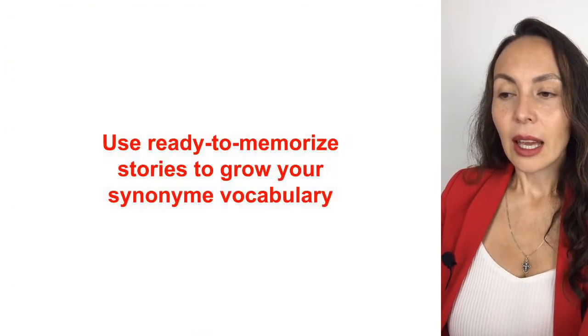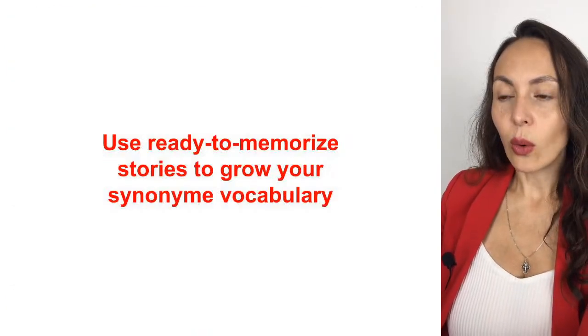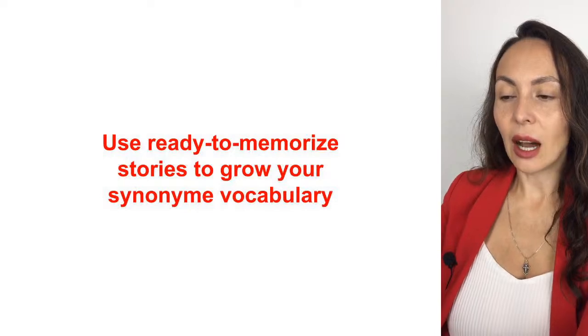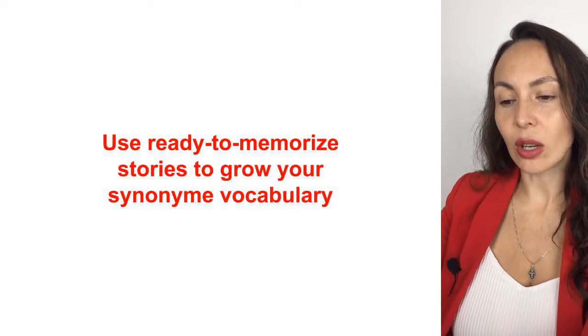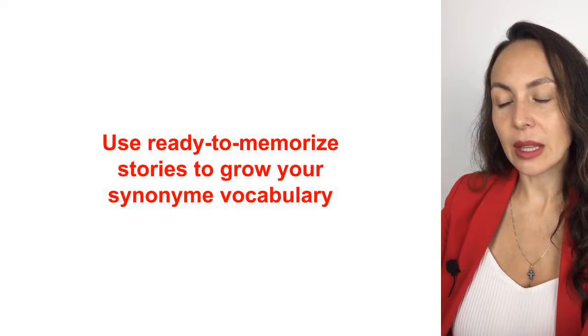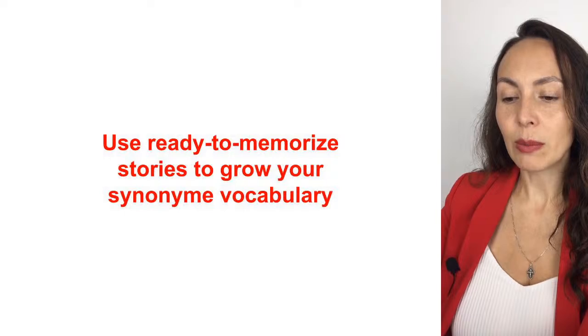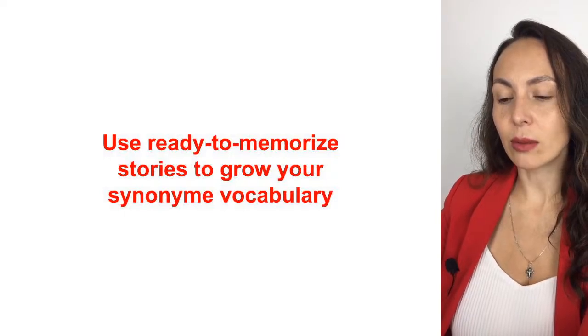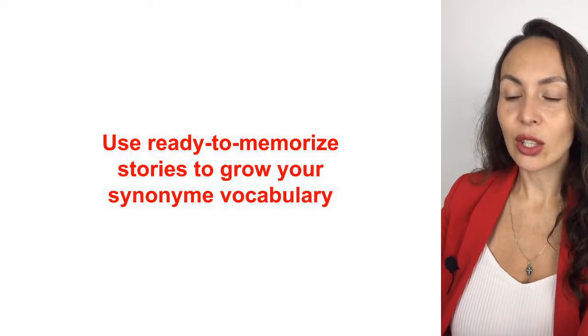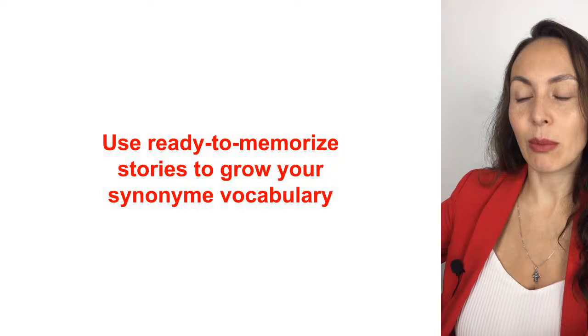And also, what is important here, I wanted to mention this as well. You always need to do a double job. What it means is when you're practicing the cases, you need to at the same time grow your vocabulary, grow your synonym vocabulary.